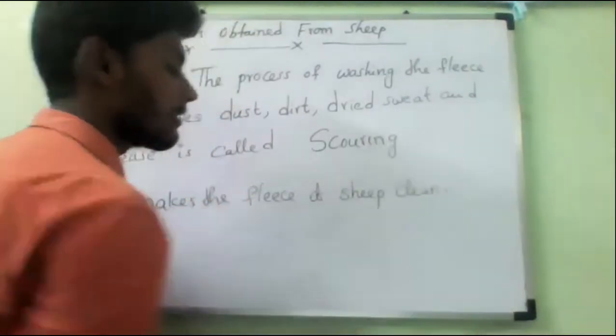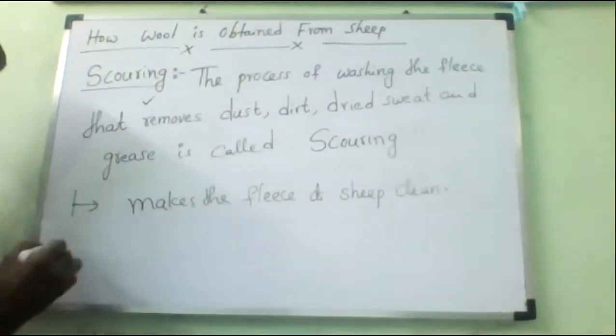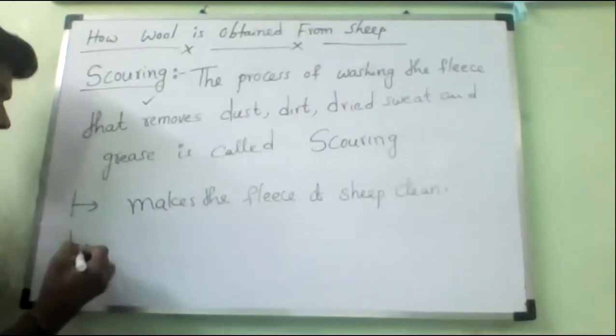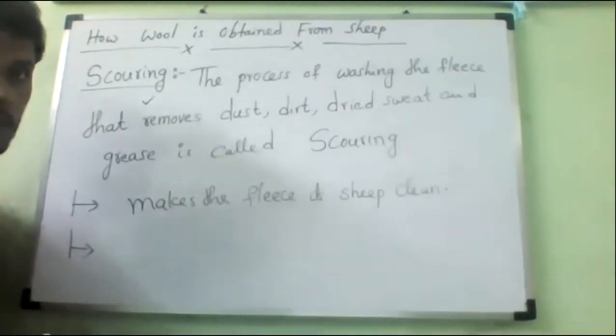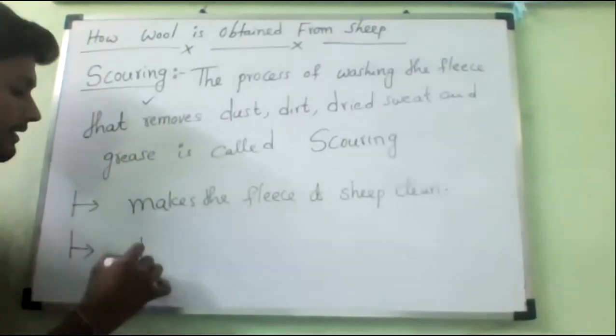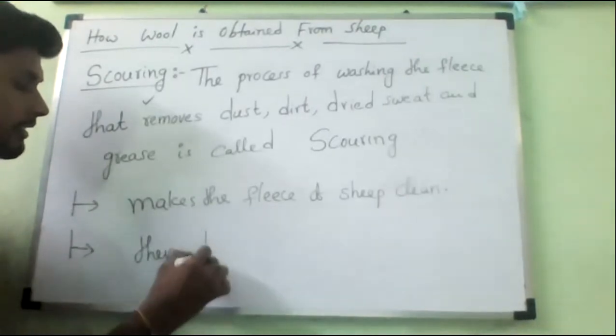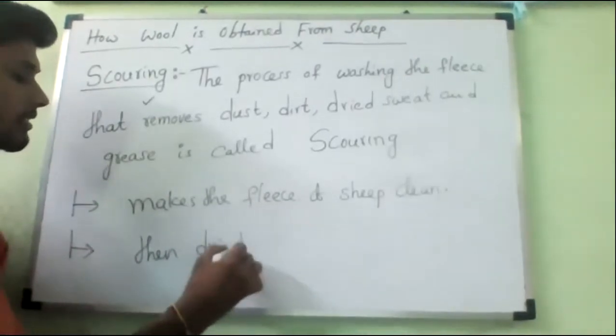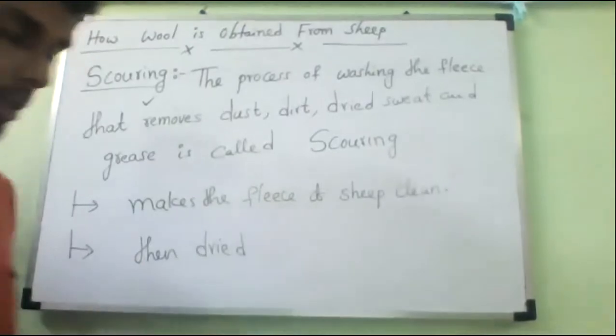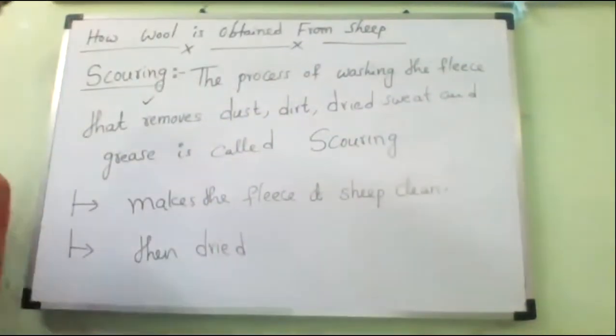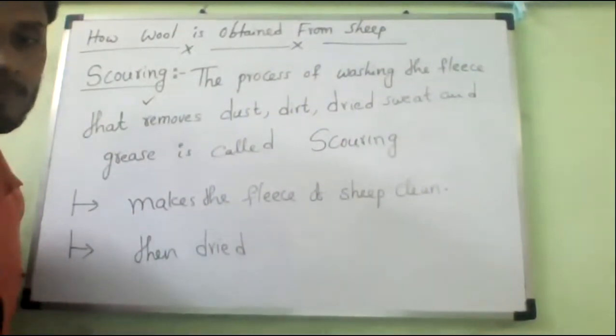Do you understand? Yes, sir. Make it clean. After that, what we have to do? We have to make it dry. That's all. So write it. This is all about the scouring. Do you understand or not?